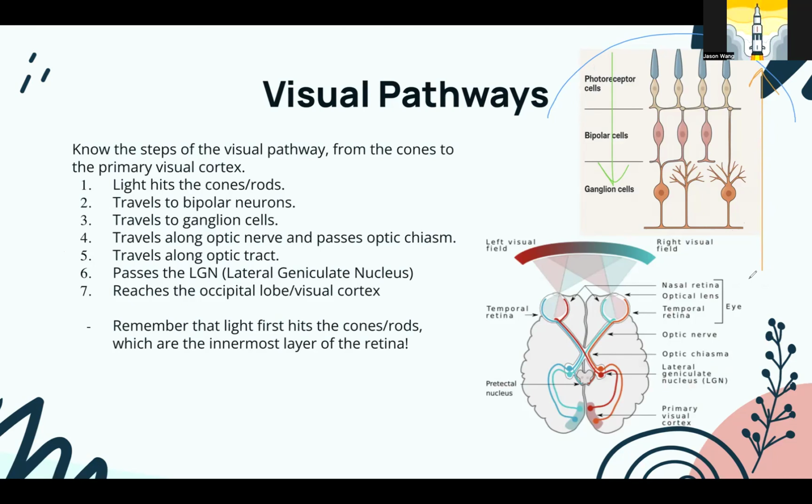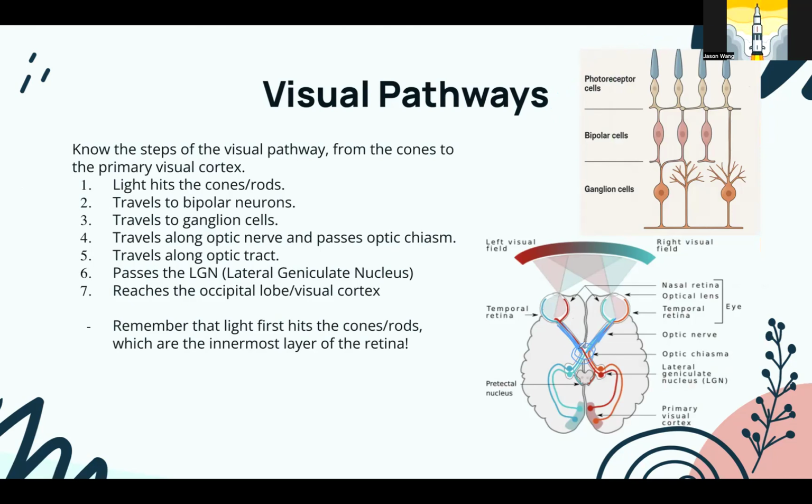So we got through the first three steps. Now, let's take a look at what happens afterwards. Then the signals will travel through the optic nerve. We can see that here. This is the optic nerve. And then it passes the optic chiasm, which is like the intersection.